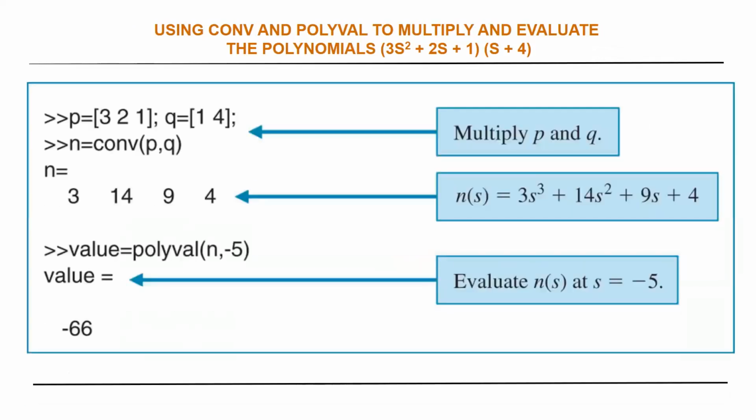Well, if you want to multiply two polynomials, say 3s squared plus 2s plus 1 multiplied by s plus 4, I can define the first one as P and the second as Q, and then use the command conv(P, Q). That will give you the multiplication.